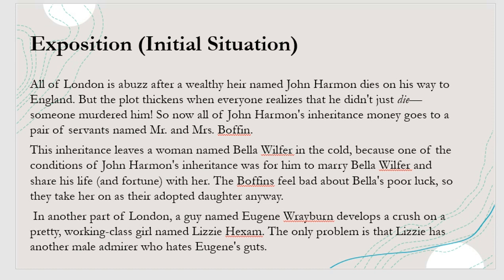Mr. and Mrs. Buffin felt very sad about Bella's condition, as she is a poor girl who lived in poverty for a long time, and as they are lucky as servants, they decided to adopt Bella in their house.